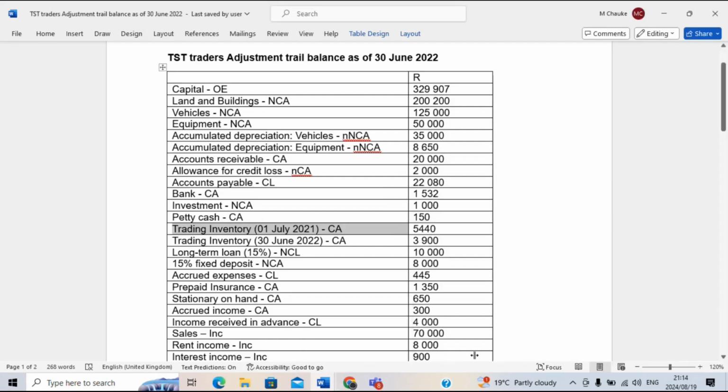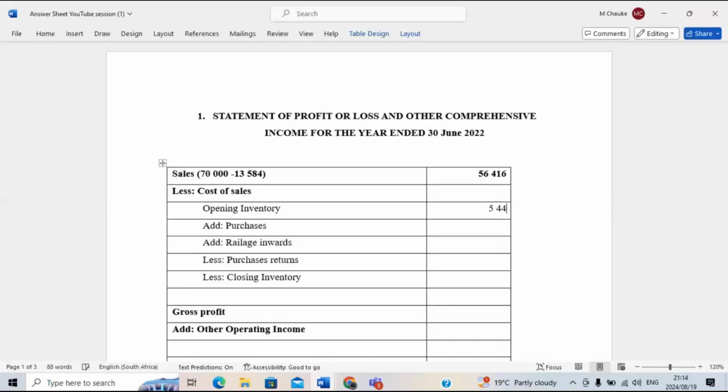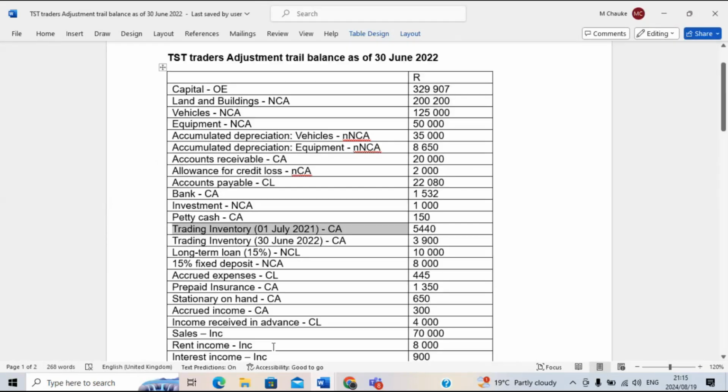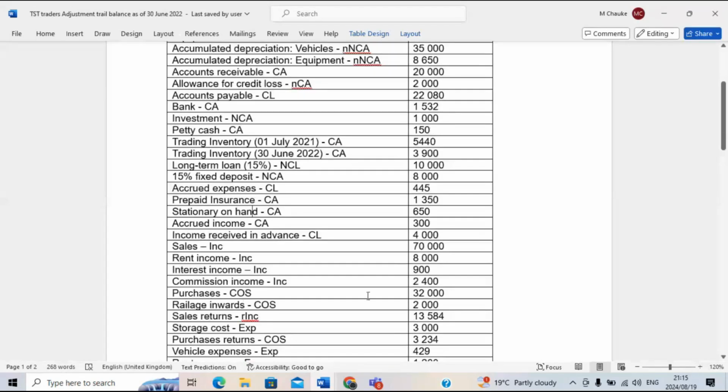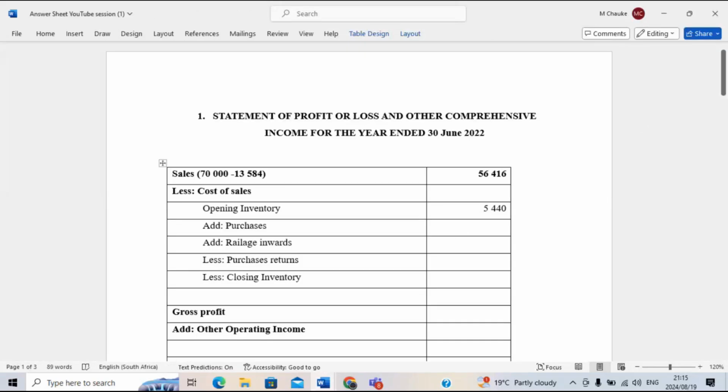So now we're going to say our opening inventory is 5440, right? Our purchases, let's go and check our purchases. Our purchases is down there, 32,000. We're going to record that.